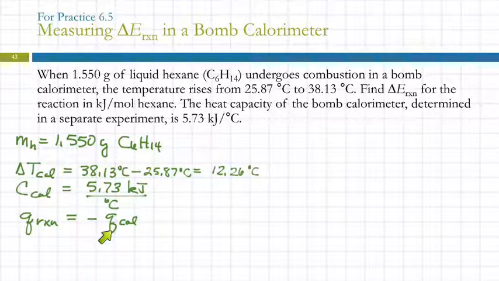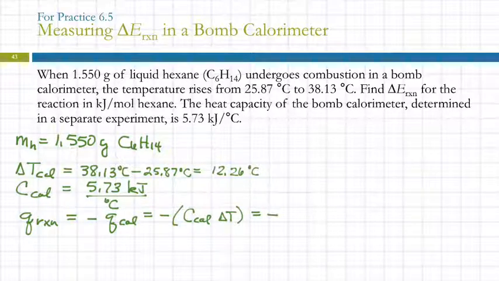So what does Q for the calorimeter equal? It would be M C delta T, but for the calorimeter, we've combined M and C together. So this is negative C calorimeter times delta T. So we could calculate that, right?